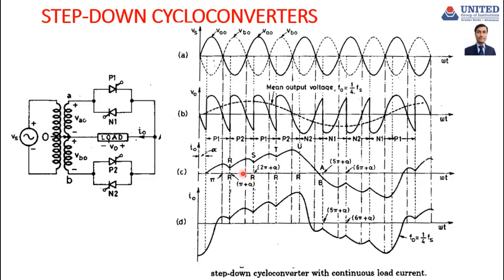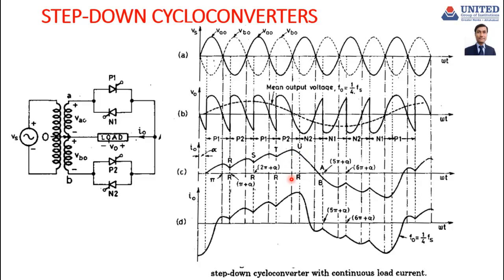P2 is naturally commutated, and load current through P1 builds up with more magnitude of SR, as we saw in the figure. At the end of 4 positive half cycles of output voltage and load current, the load current has magnitude UR.